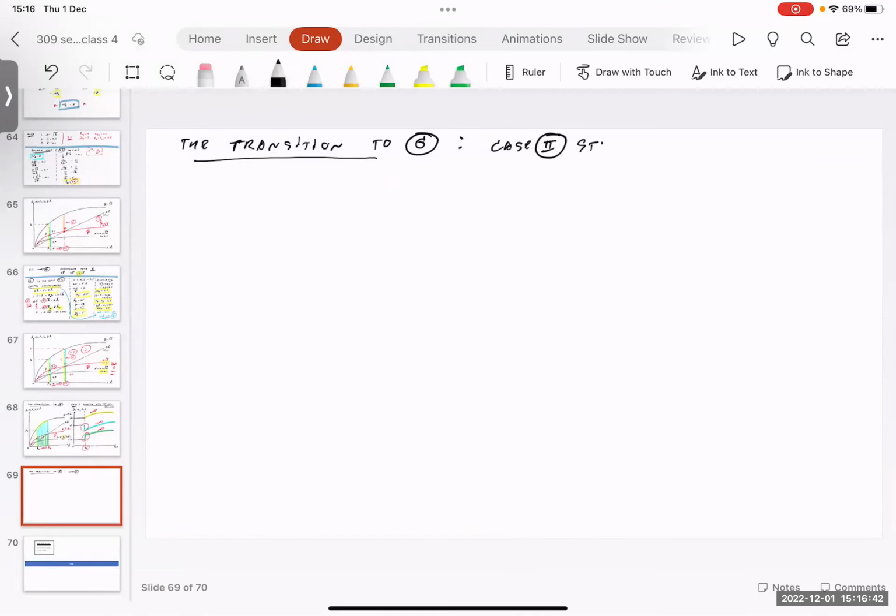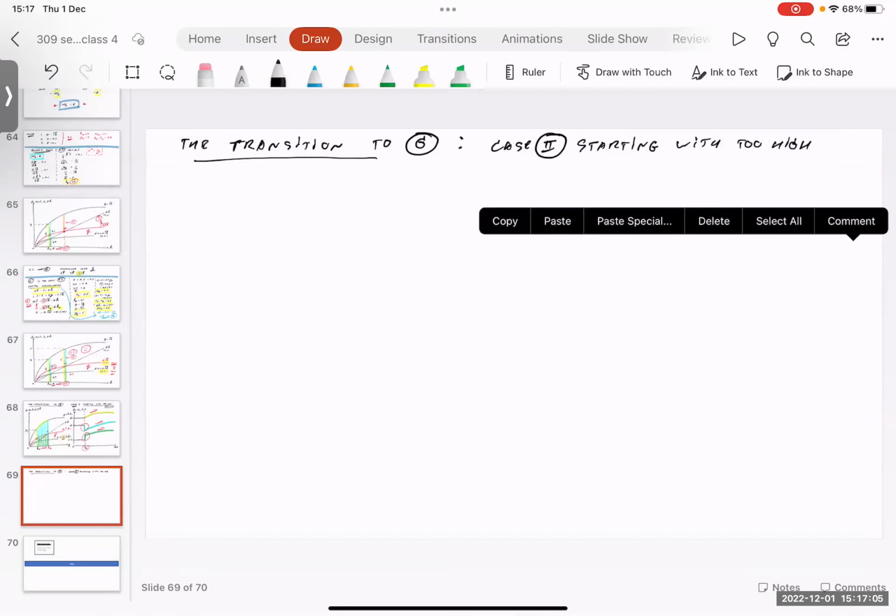Okay, starting with too low capital. Oh, no, this is too high. Sorry. This is the opposite case. Starting with too high capital.